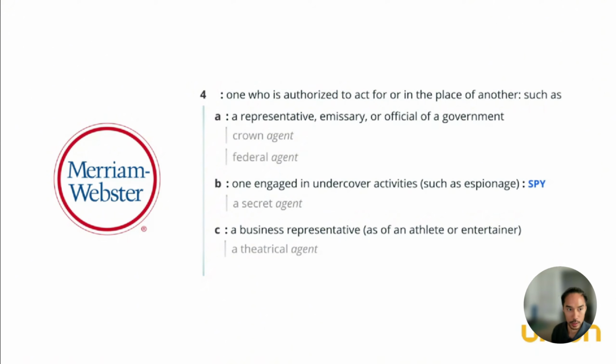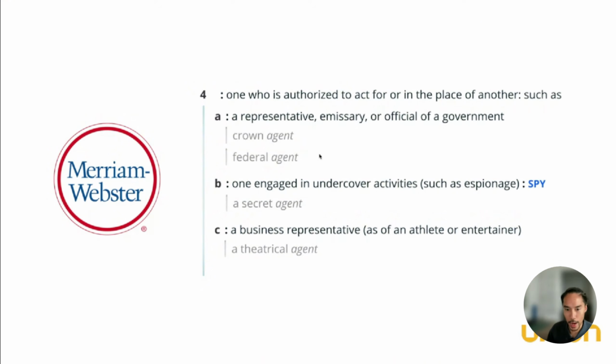If you look at the dictionary, an agent is someone who can act in place of another, right? So you can have a travel agent, a federal agent, etc. This already evokes some level of intelligence, some level of abilities that we're all used to in our everyday lives.